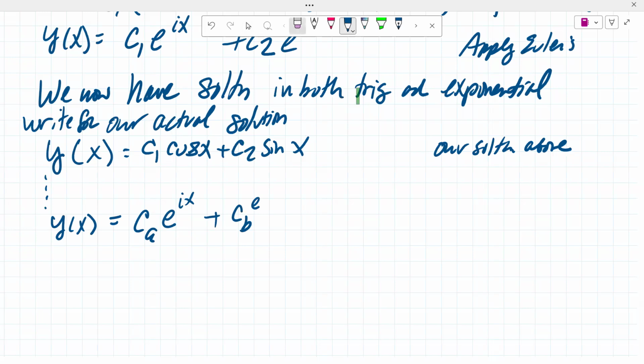Oh no, that's wrong. E is not up there. E is down here. E to the negative ix. This is Euler's rule.